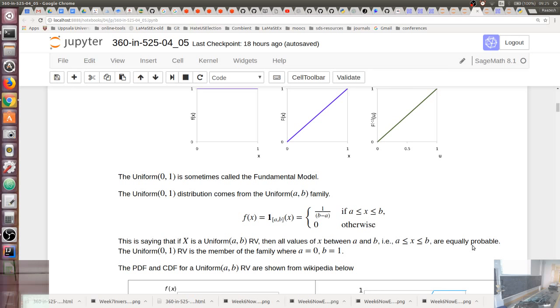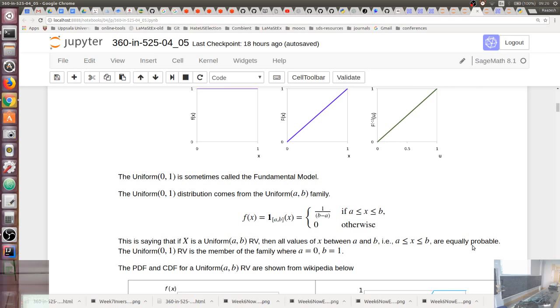Okay. So you can use that to get the fundamental model as well. To produce a point uniformly at random on the unit interval, what could you do if you just had a fair coin? Bernoulli 1/2, again and again, so a product experiment.